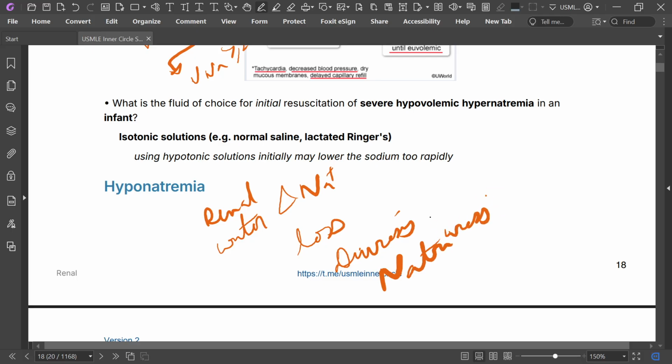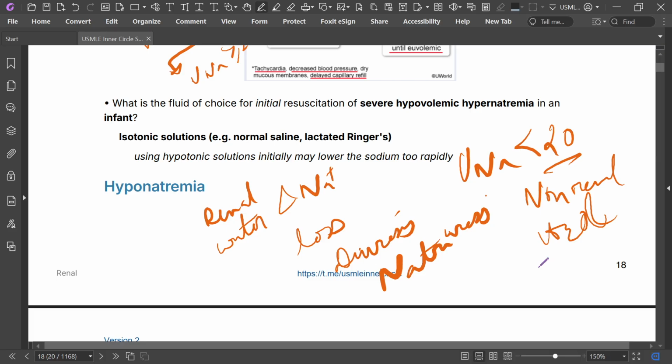If urine sodium is less than 20 milliequivalent per liter, it is non-renal water and sodium loss. It may be due to burns and diarrhea.